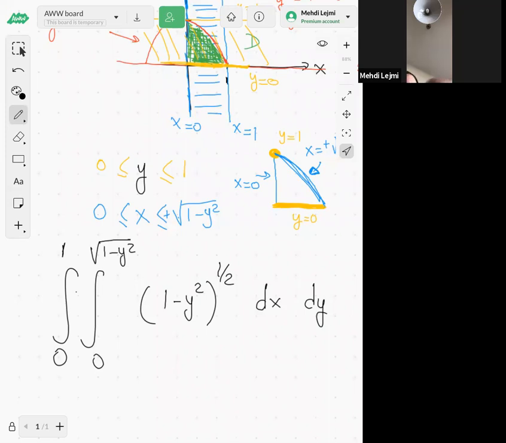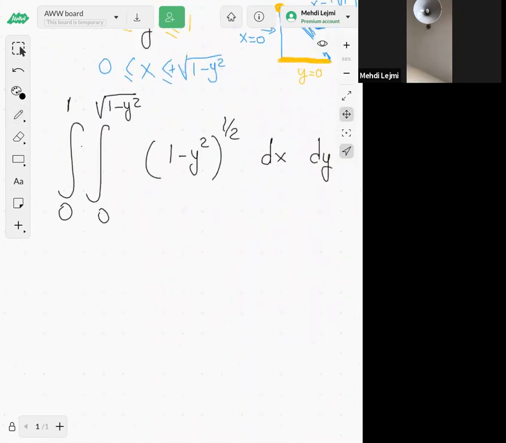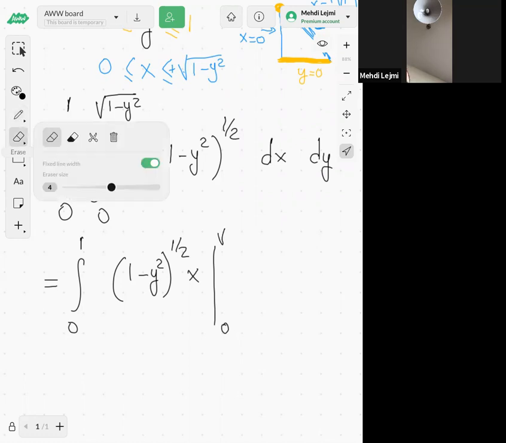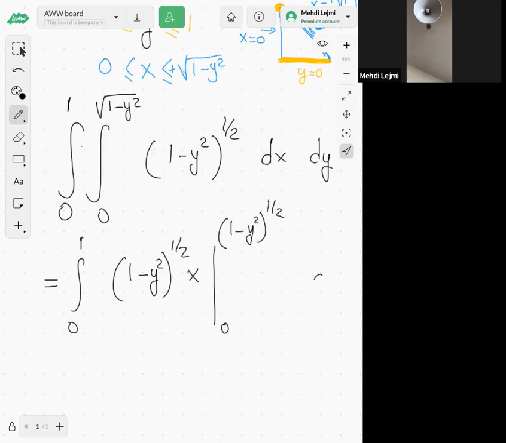Now we integrate with respect to x. If you integrate with respect to x, the 1 minus y squared is just a constant. There's no x, so the integral would be the constant times x. So this is the integral from 0 to 1 of 1 minus y squared to the half times x, with x evaluated between 0 and 1 minus y squared to the power half, dy.